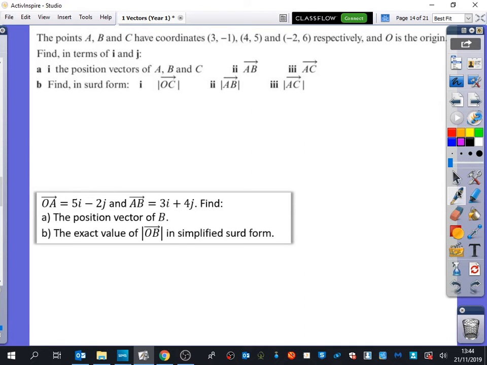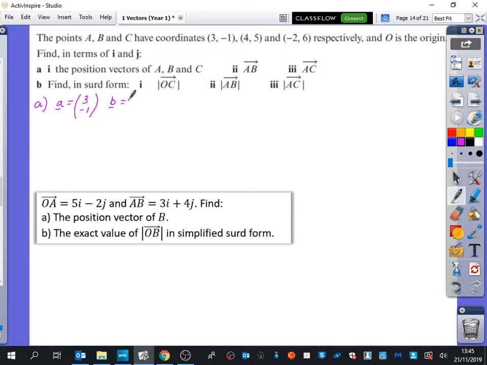So I'm going to just do a few questions here, and then you've got a few questions that you're going to do as practice for me. So we have A, B, and C have these coordinates respectively, and O is the origin. First thing it wants us to do is find the position vectors of A, B, and C. Okay, well that's pretty boring. The position vector of A is just 3, minus 1.